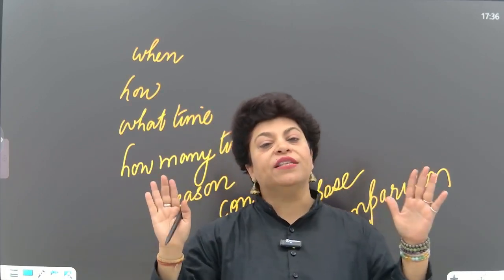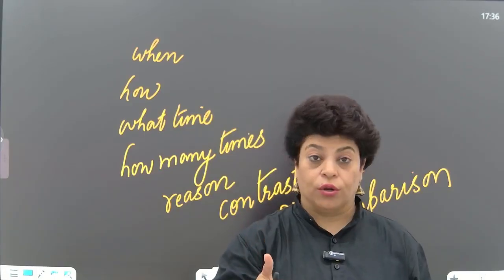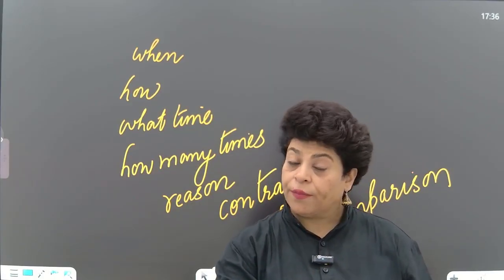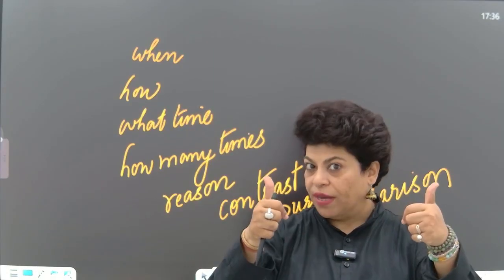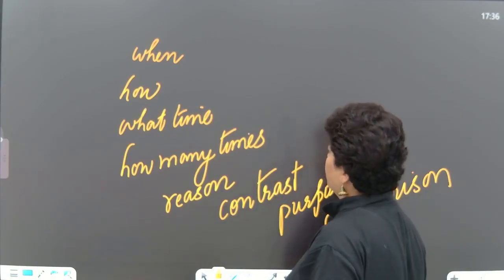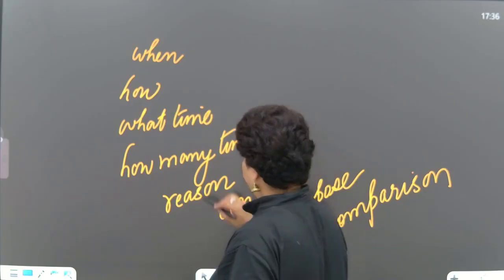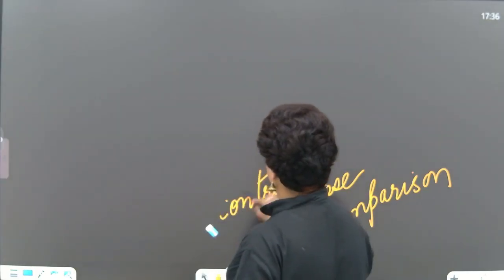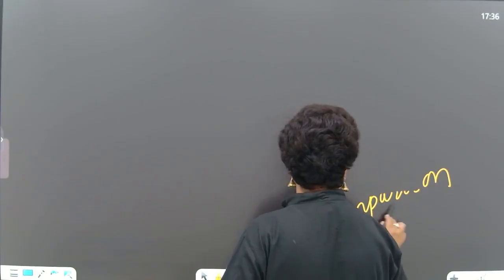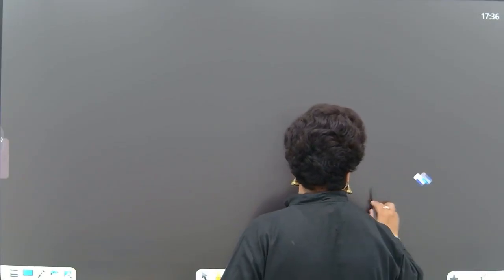So, who is the master of all? Independent clause. Dependent clause depends upon the independent clause, so it cannot be the master, right? Now coming to the complete explanation of this.